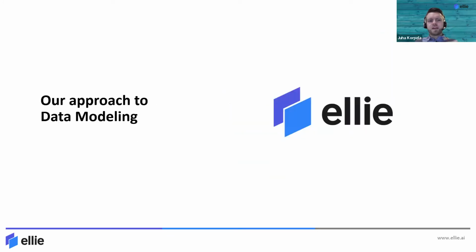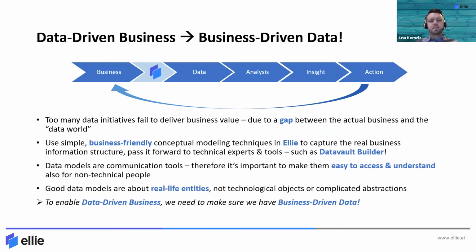So the approach that we have to data modeling is basically the bridging of the gap between the world of business and the world of highly technical data things. We are doing everything in a simple fashion. We are being business friendly in the way we do things, in the terminology we use, in the UX that we have in the application itself. It's something that everyone in the organization can learn to use. It's very, very easy.